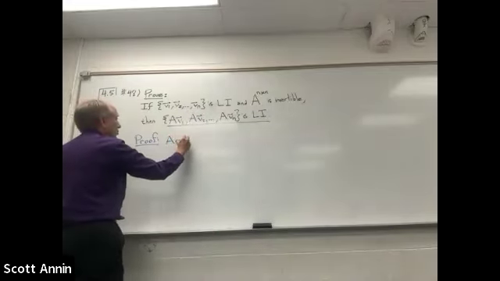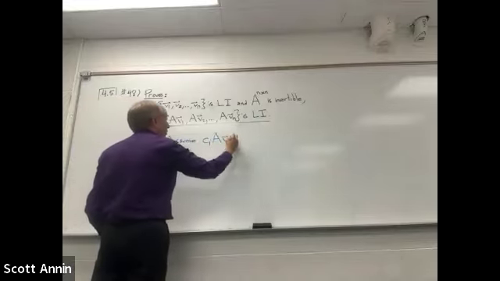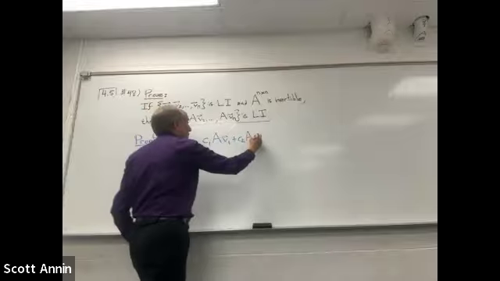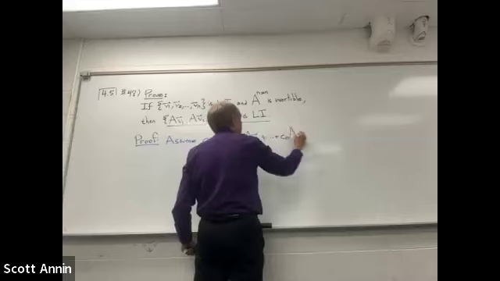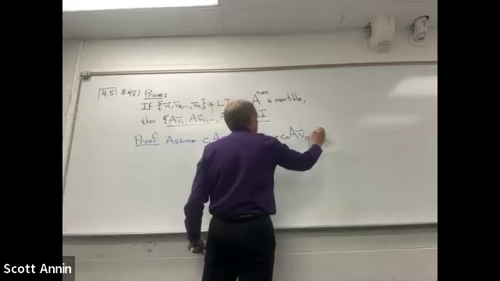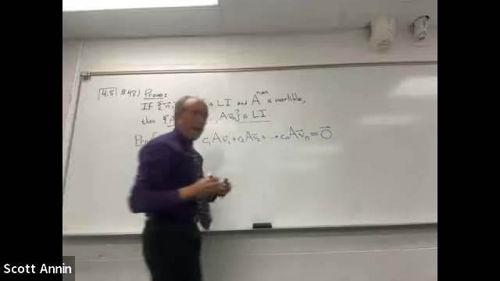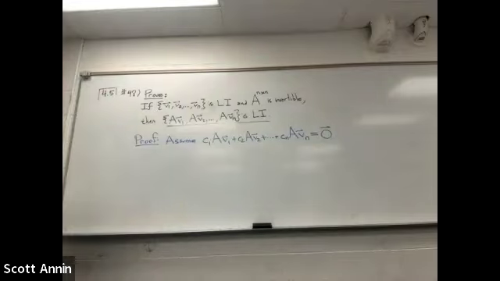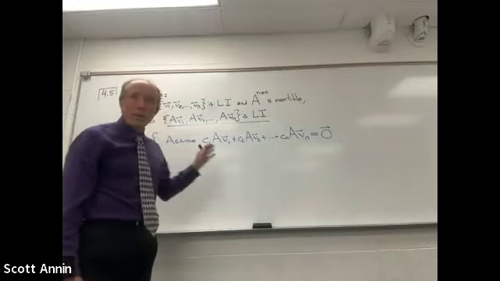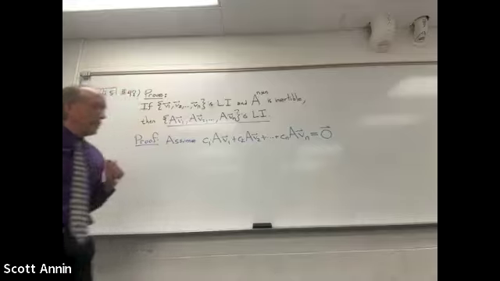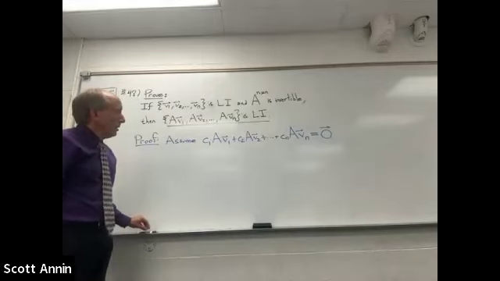So let's assume that C1 times AV1 plus C2 times AV2 plus ... plus Cn times AVn. Let's assume that that is already equal to the zero vector, okay? And again, feel free to pause this video if you need a little more time to understand the setup, because the setup is really important here, okay?